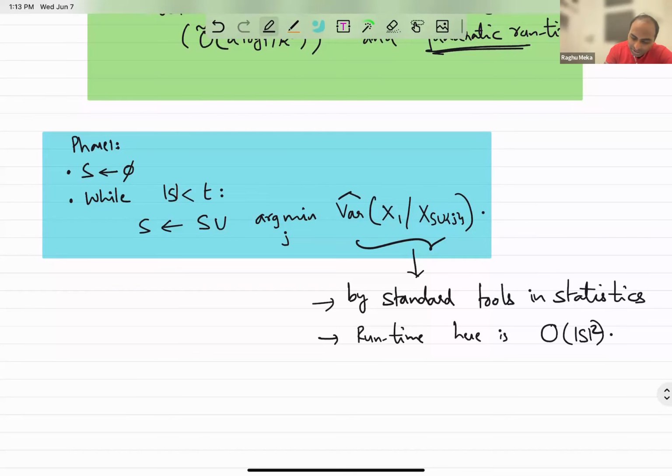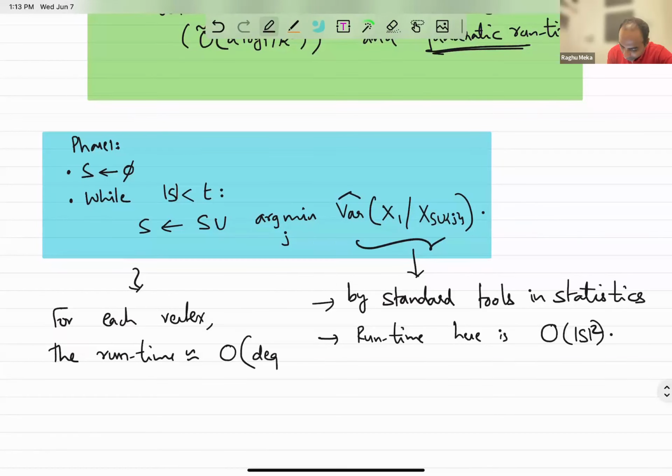And since this minimum takes, you have to look at D things for each vertex. The runtime is roughly degree squared times dimension.